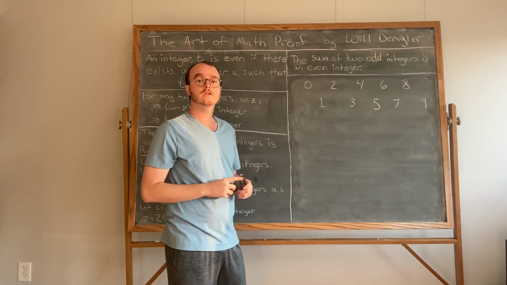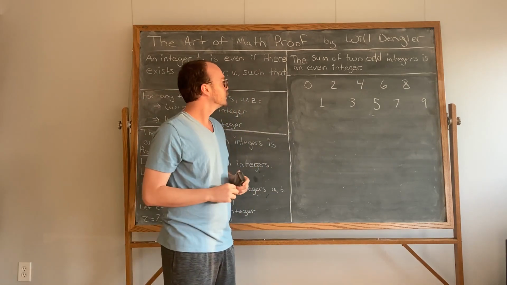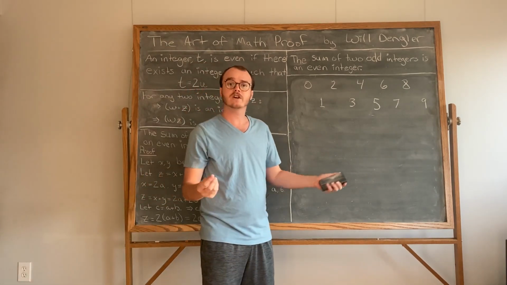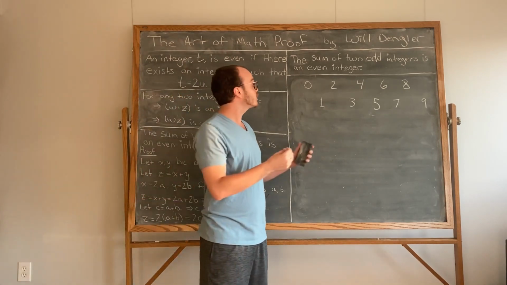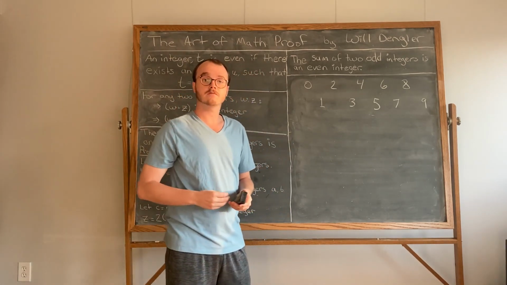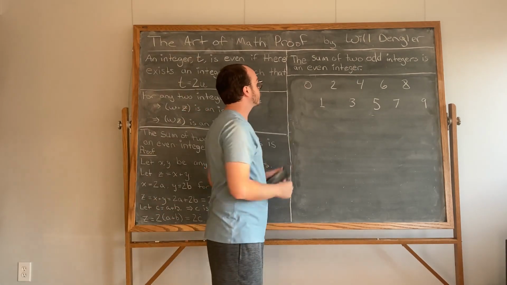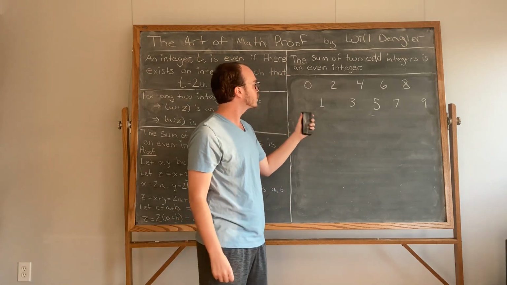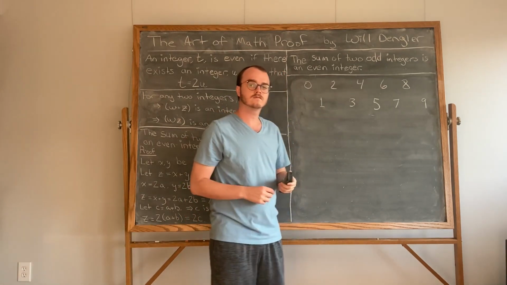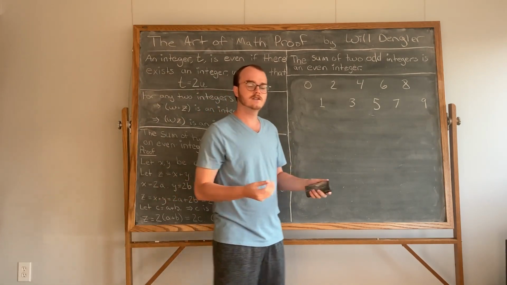However, instead of starting with 0, we're going to start with 1. Okay, so now we have a better idea of what exactly the odd integers are. Just like the even integers, they're every other integer, except the even integers start with 0 and then move on, and the odd integers start with 1.